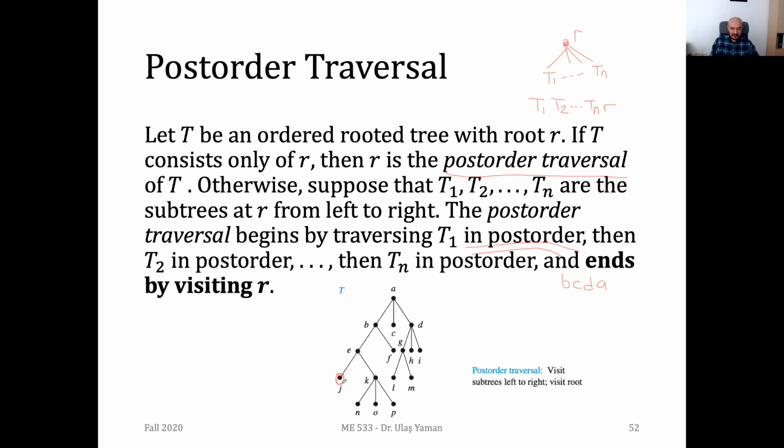So I need to switch to N here, and then to O. This is T1, T2, and T3 of K. And then after all the siblings are visited, according to the rule of post order, we should end this visiting by visiting the root. What is the root here? It is K. So we have K here.